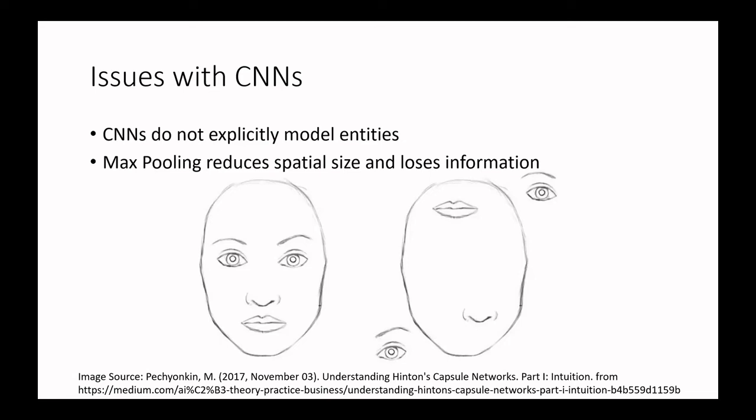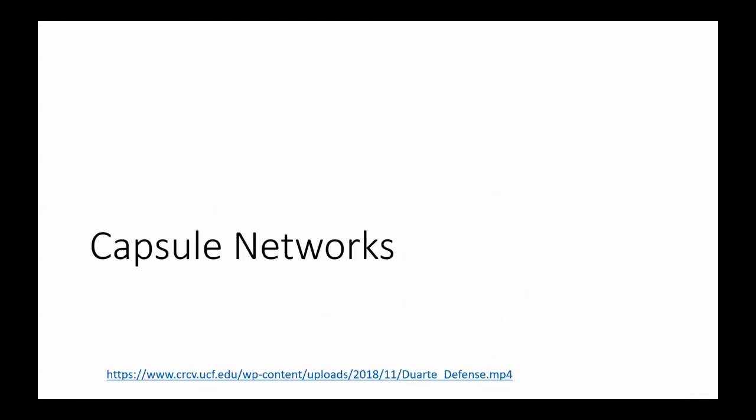But if you give the image on the right, it will also say it's a face, even though it's not a face, because it's spatially not consistent. So that's a problem. So there was a nice idea of the capsule network, again proposed by Hinton, who's like the father of deep learning.